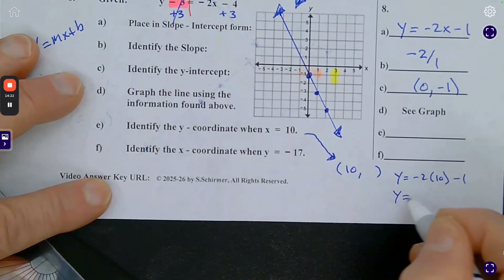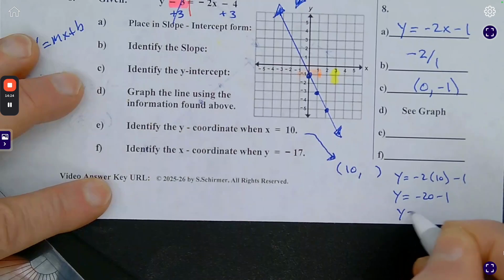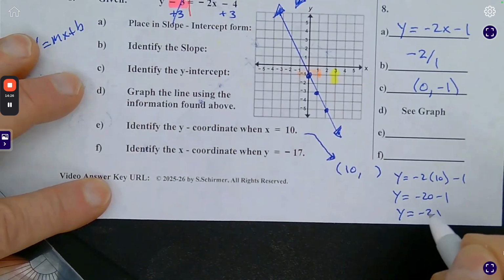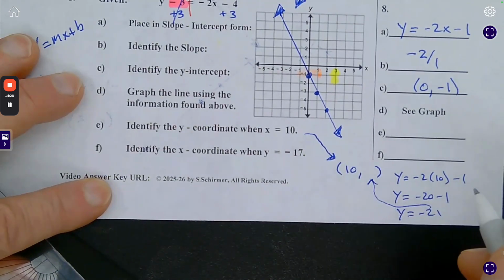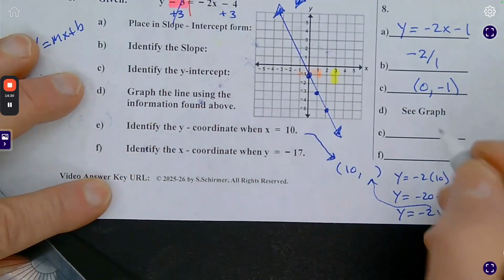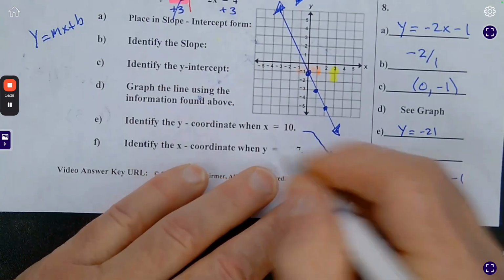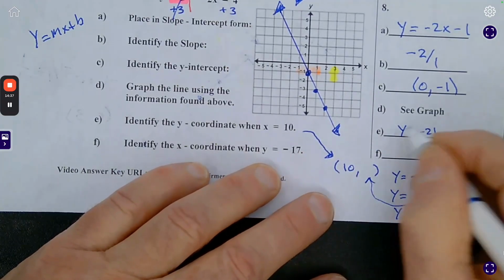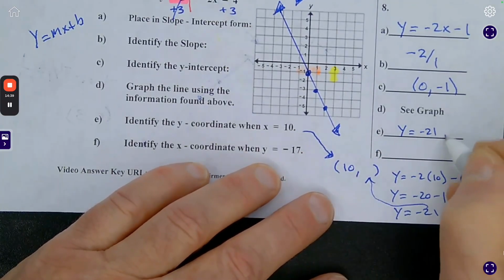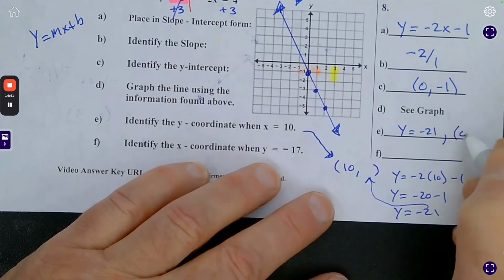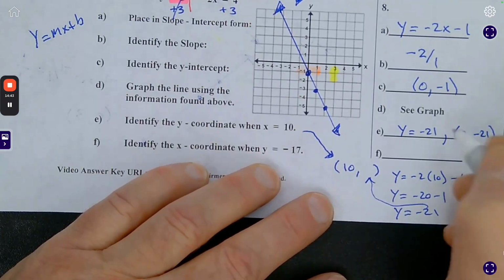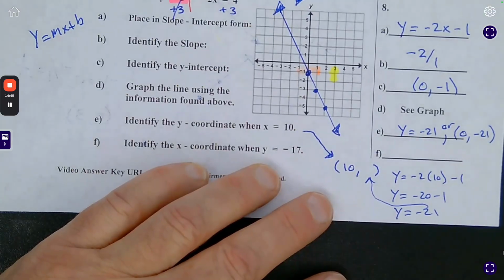Put it in your calculator, and you get y equals negative 21. That number goes there. You can write it as an ordered pair, or you can write it as y equals negative 21, because I said find the y coordinate. So that is the y coordinate. But I don't care, and you're going to have to ask your teacher if they care. But that's an or.